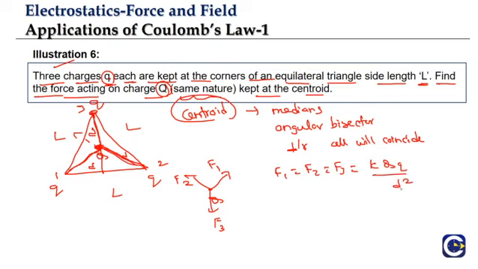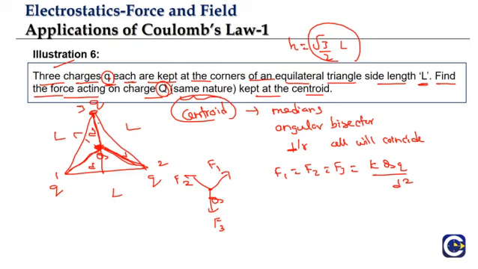We don't know the value of d. We can find the value of d in terms of L by using the properties of the equilateral triangle, because in an equilateral triangle the height will be root 3 by 2 into L, where L is the side length, and the height is also equal to the median.